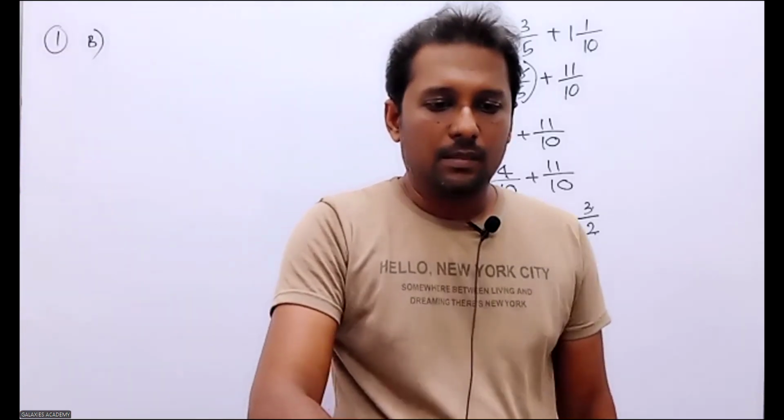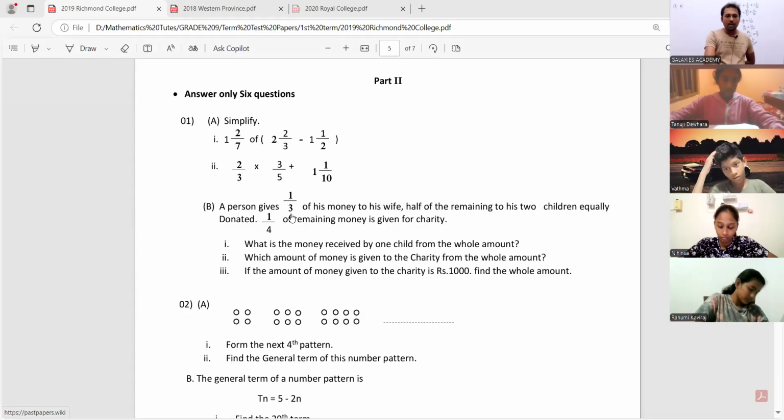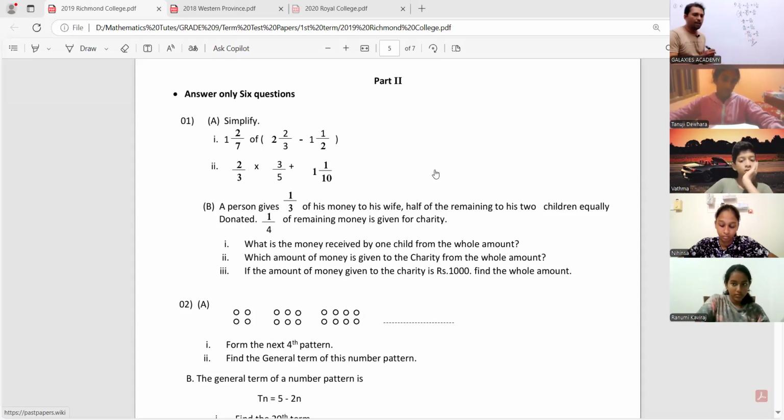First I will write what are the needed things. A person gives 1 over 3 of his money to his wife. Right, to wife he gave 1 over 3.